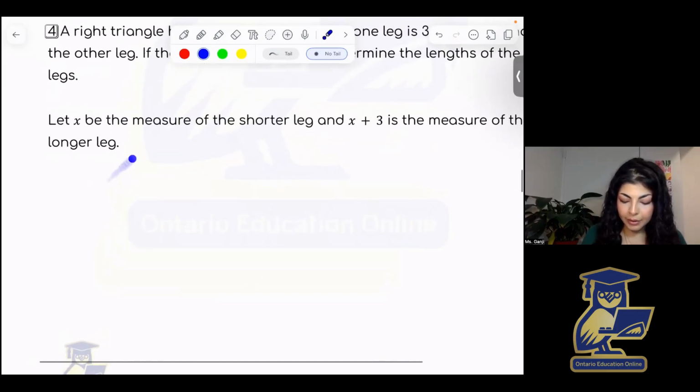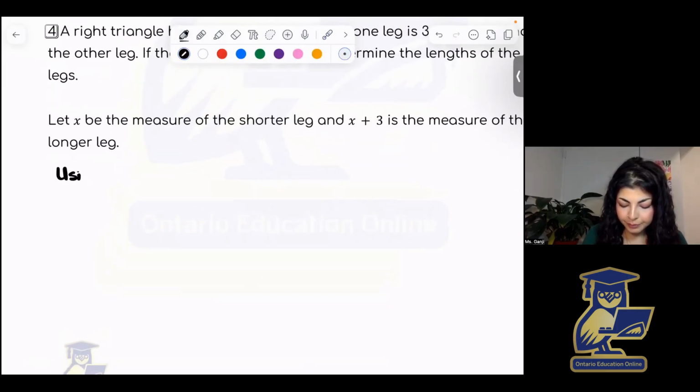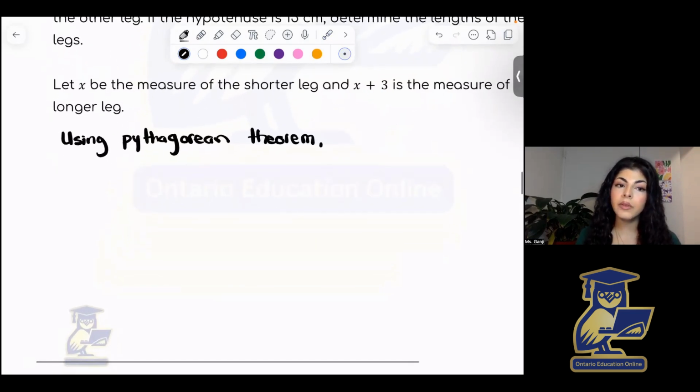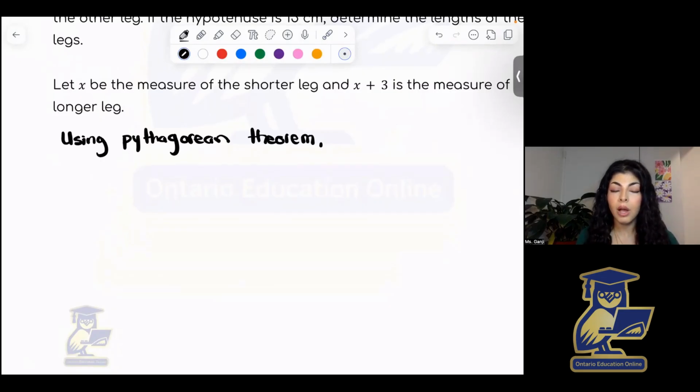Now, using Pythagorean theorem, it is sometimes nice, especially when you get introduced to more and more theorems, to write which theorem you are using, even though for the sake of this lesson it is pretty self-explanatory because we're only working with Pythagorean theorem so far.